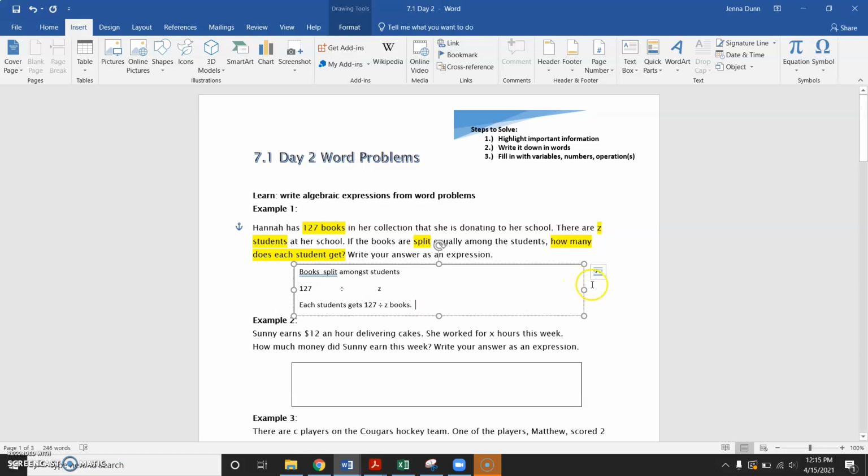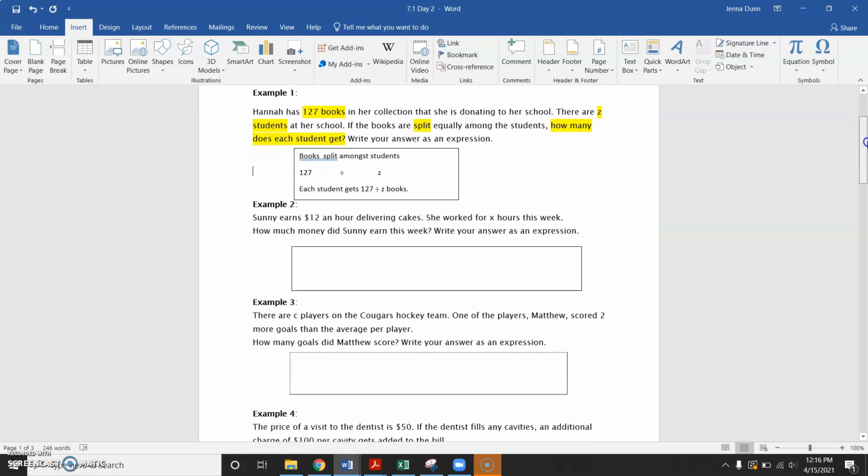And that's our answer. That's all we need for that one. Okay, so we highlight, we write it in words, we fill in what we know, which gives us our algebraic expression, and then we write it in a sentence. And we're done. Let's look at example 2.